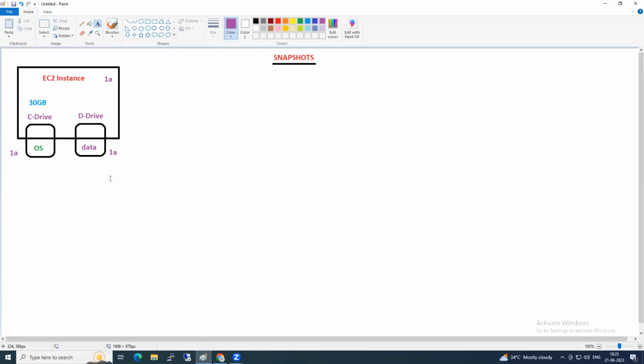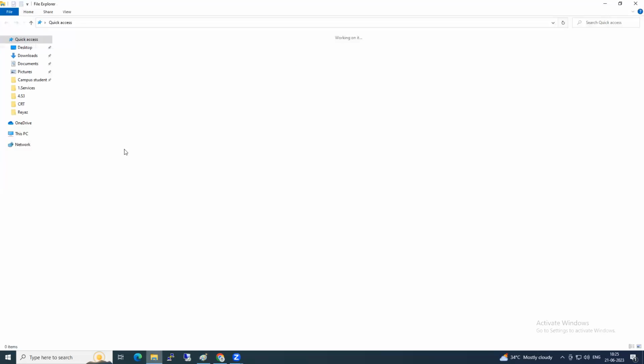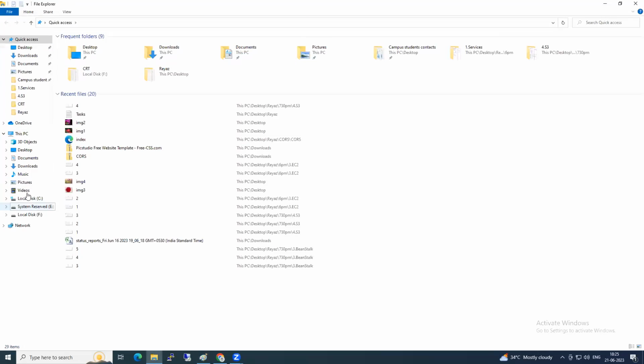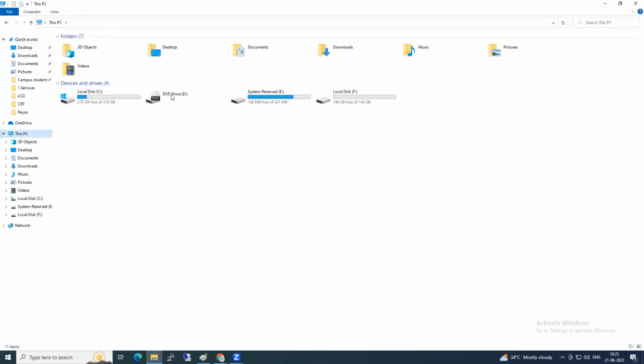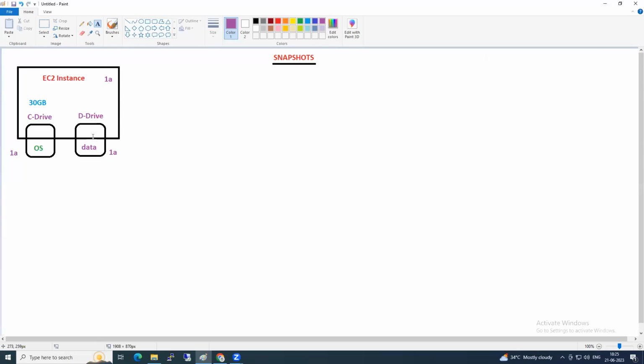Now, I want to take the backup of the volume. I want to take the backup of the root volume. What is the D drive? This is the D drive, that is your additional volume.